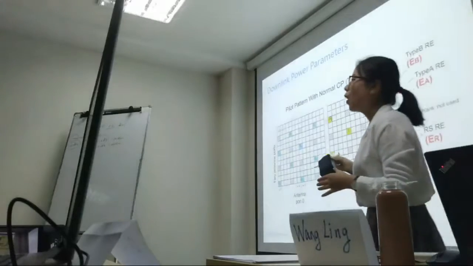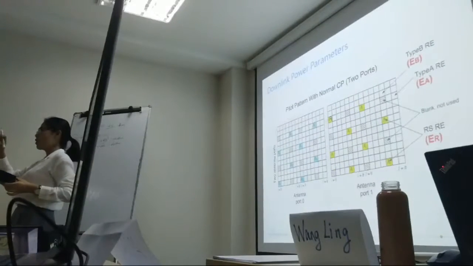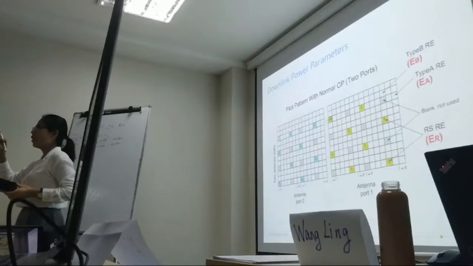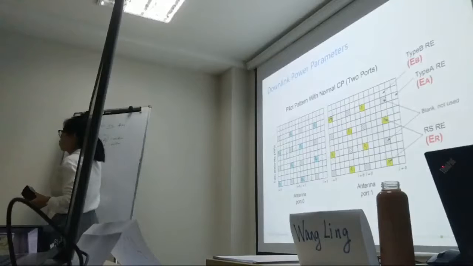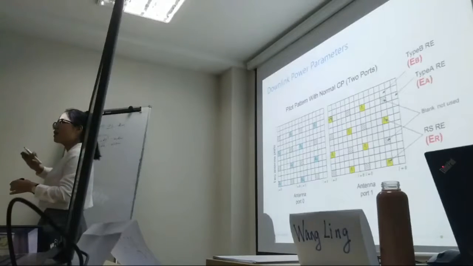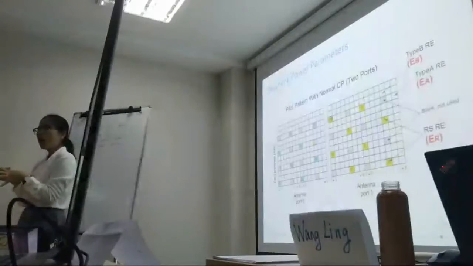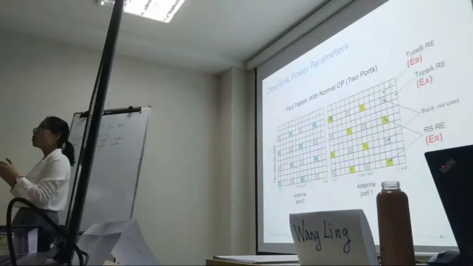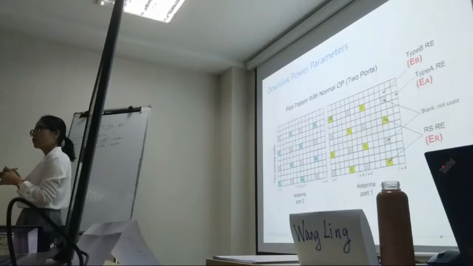Now we need to configure the RS. The RS power is one RE, right? Yes, it's one RE. So you need to change the total power to one RE power. If the RU power is fixed, what will affect the RE power?